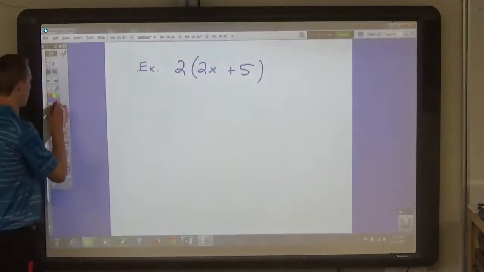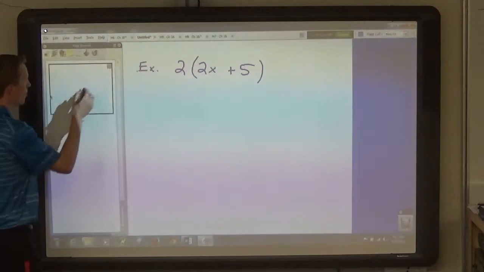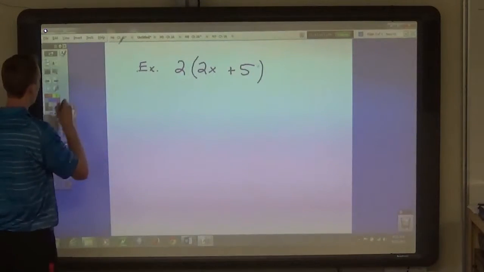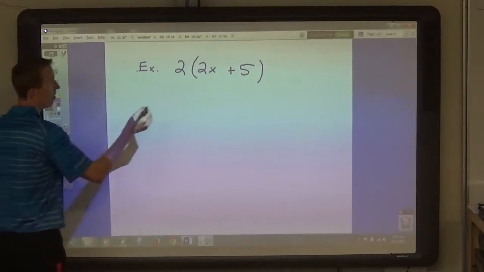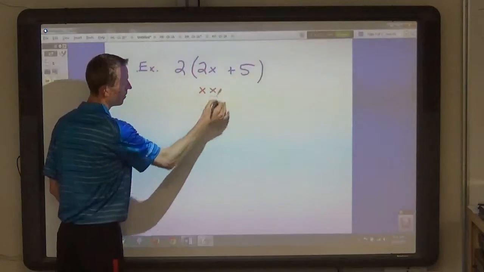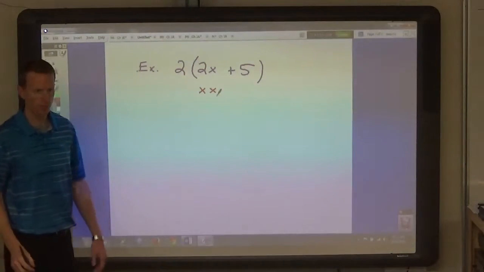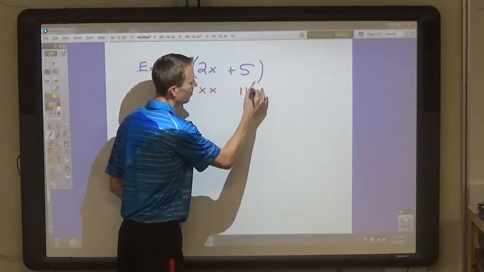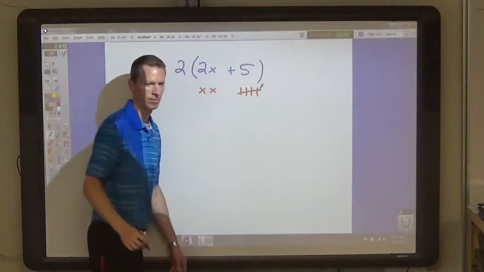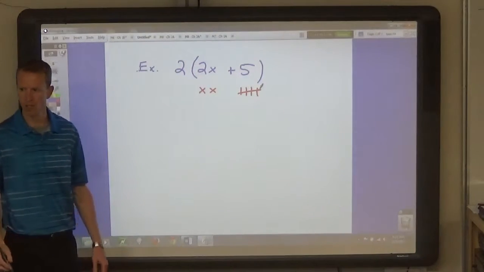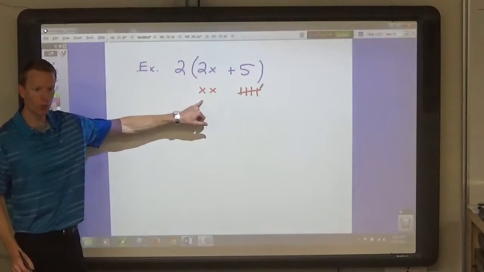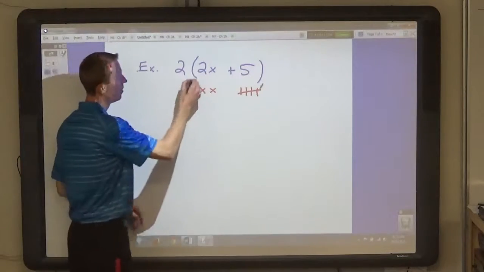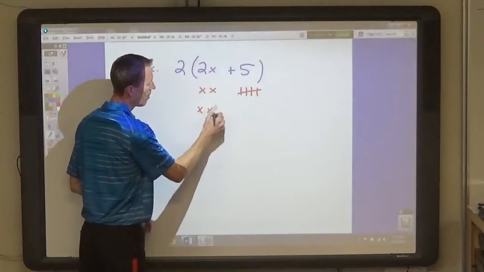Now, this is what this looks like if you drew this out. This means 2 x's and 5 ones. Okay? Now, multiplying it by 2 is simply making another set.